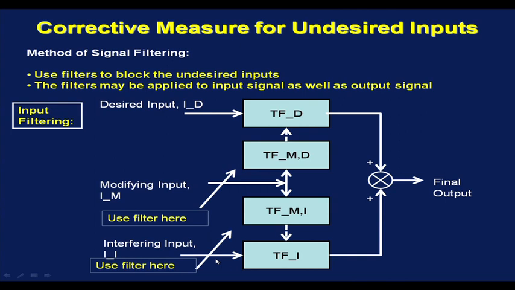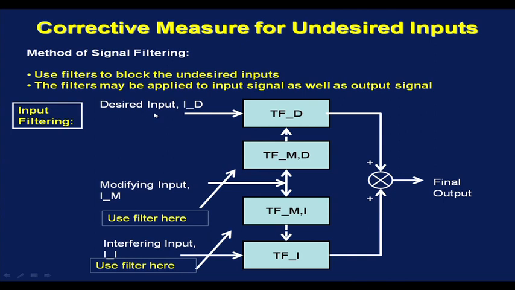If we can do that, this signal will be essentially 0 and this signal will be void of the effect of modifying input. So, this final output will be solely the result of desired input.